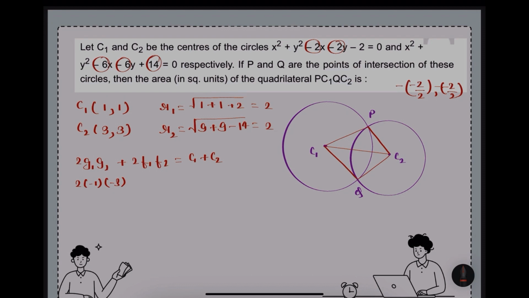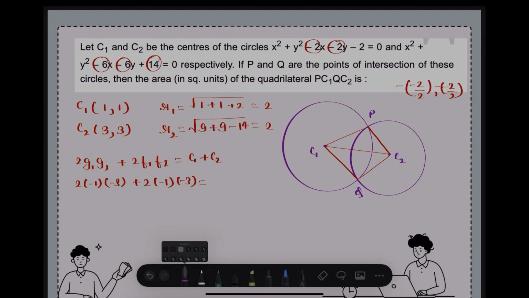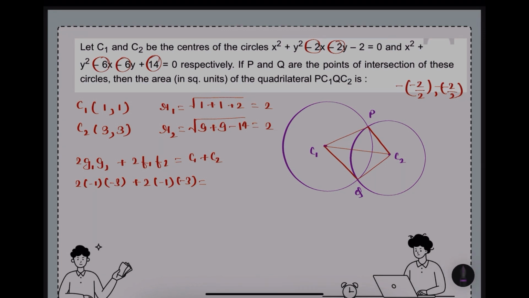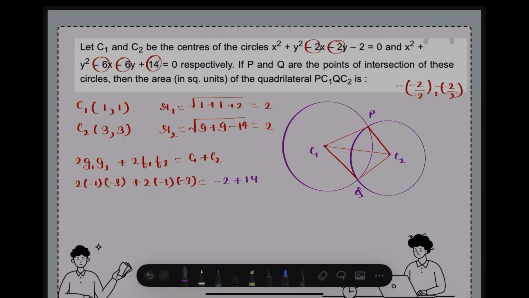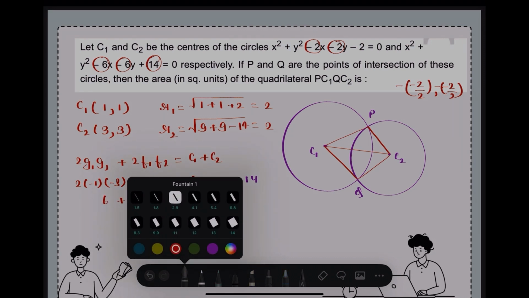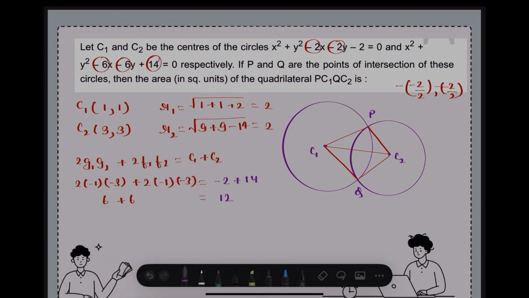Plus 2 times f1, minus 1, minus 3. Now I'll write c1 and c2. c1 is minus 2, c2 is plus 14. Now simplify. It is 6 plus 6, equal to 12. Yes, LHS and RHS are equal.